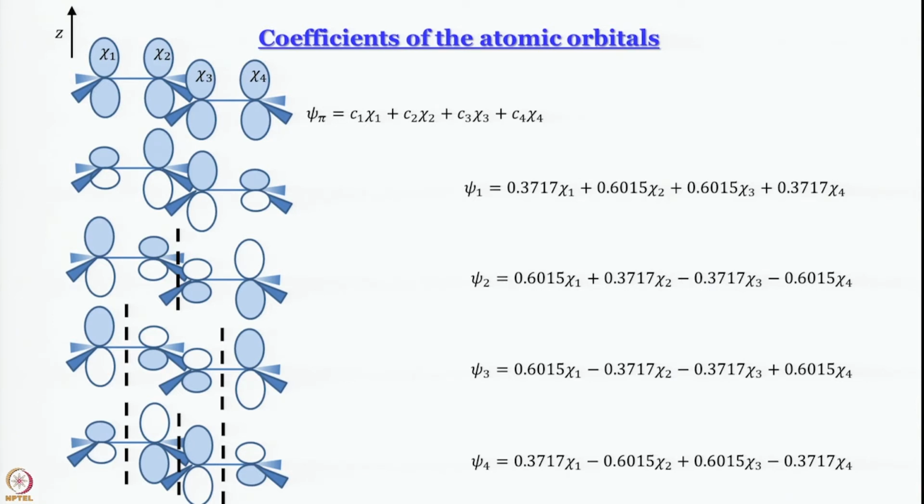So, if you remember the energies, energy of psi 4 is highest, energy of psi 1 is lowest. So, this is in line with something that we have said several times, more the number of nodes, higher is the energy, right. That is the first thing that we learn from the wave functions, that it is in keeping with this nice model that we built.